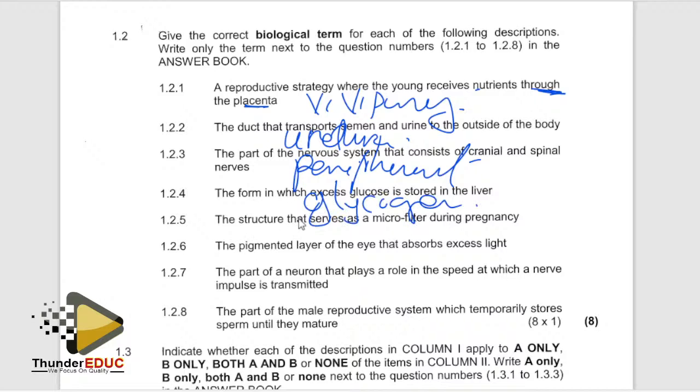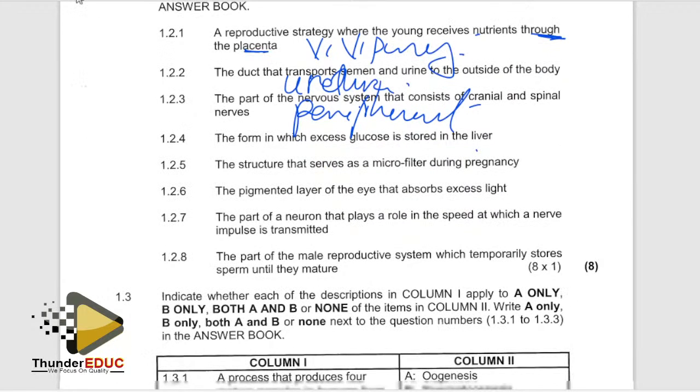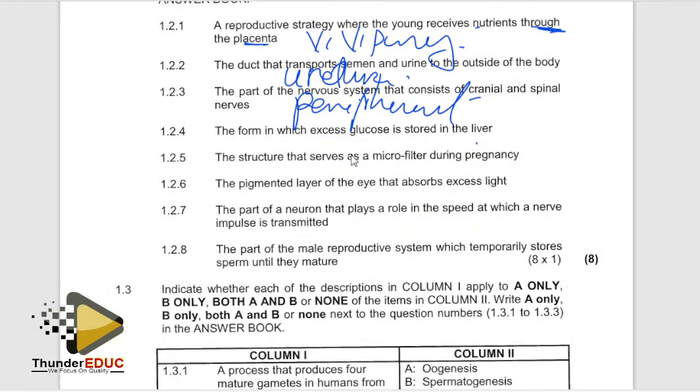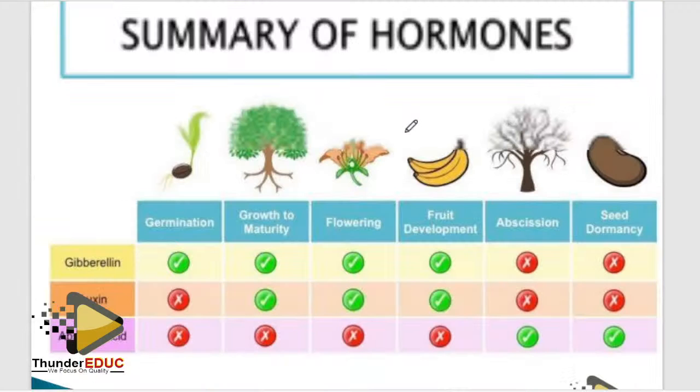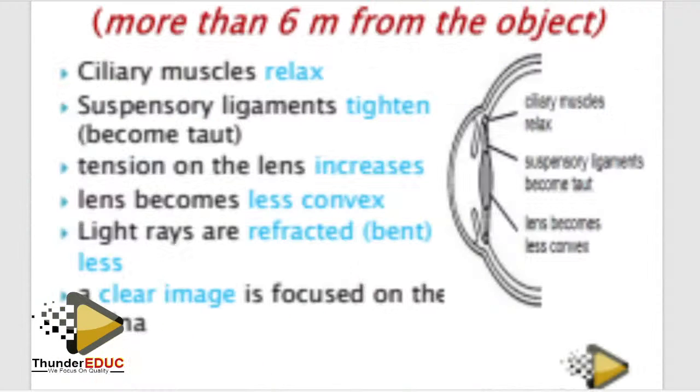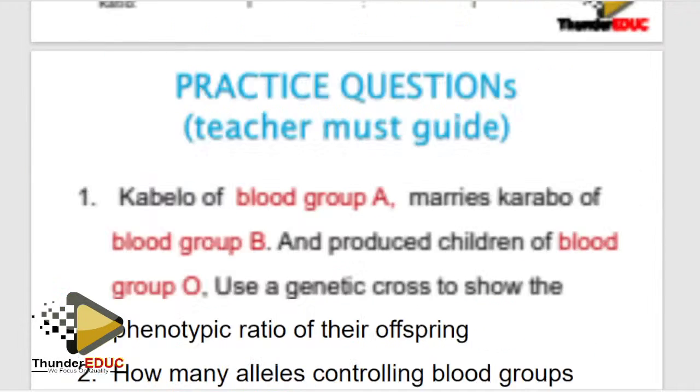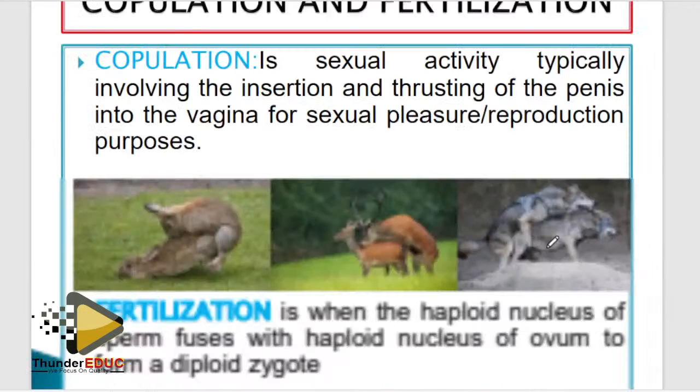The structure that serves as the microfilter during pregnancy. I saw someone asking me about this, so let me explain it. Let me show you guys so that you understand it better, because I saw that some people were confused, but we talked about it in our distinction material. Yes, it's here.